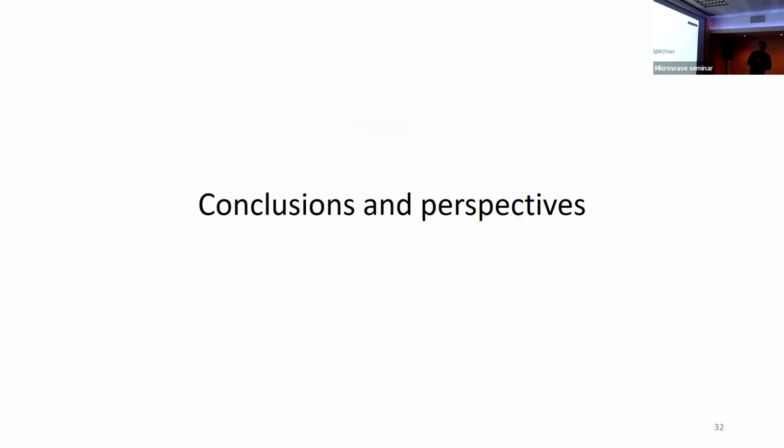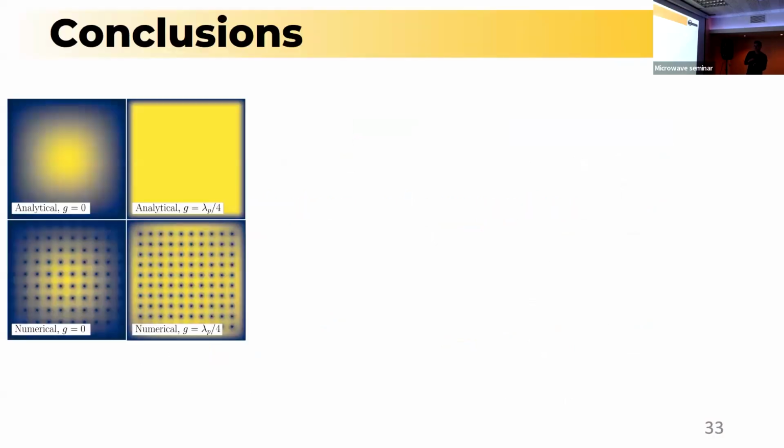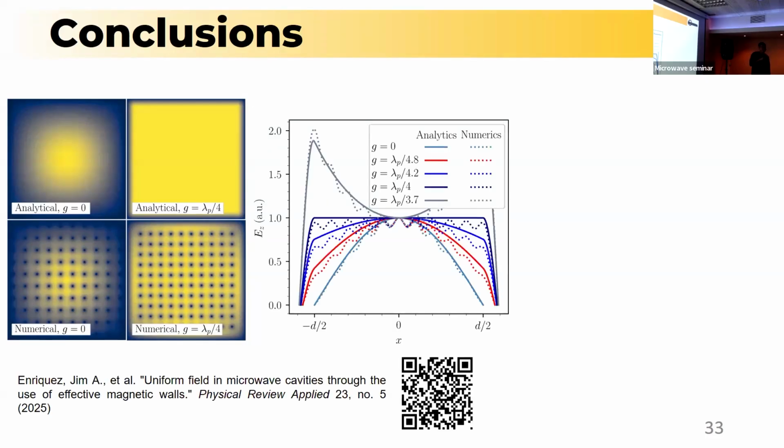And some conclusions and perspectives. So the conclusions are the following. We can improve the field homogeneity of our wire media filled cavities, introducing the air gap equal to λ/4. In addition, the electric field profile can actually be manipulated. We can change the locations of the maxima of this field profile inside of our wire media cavities.